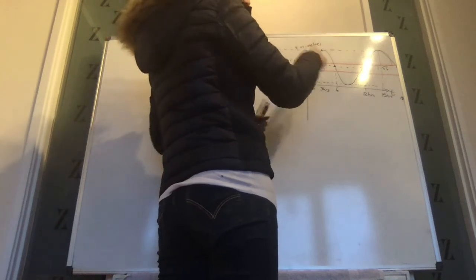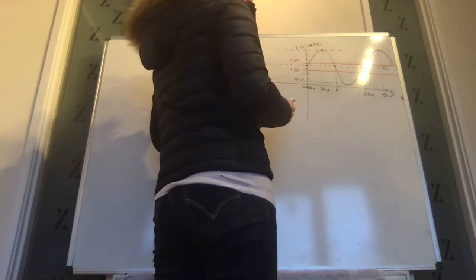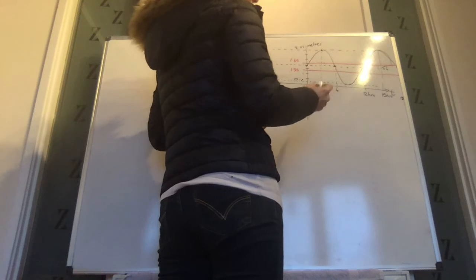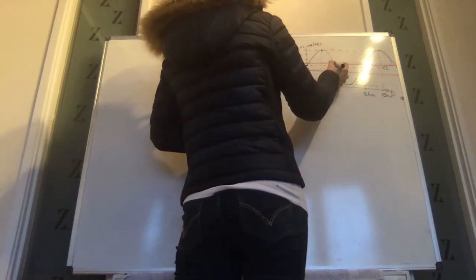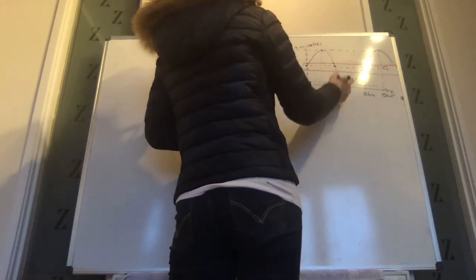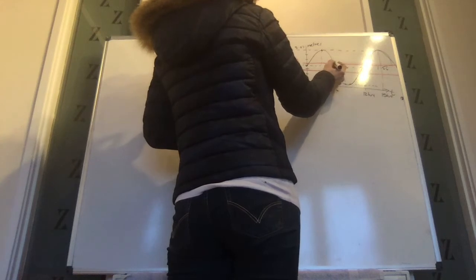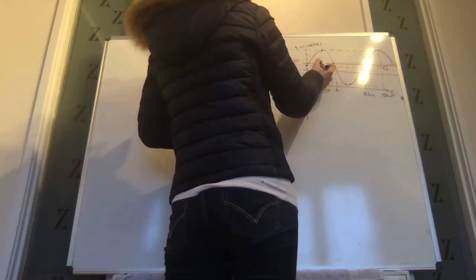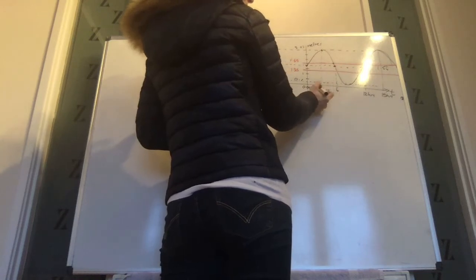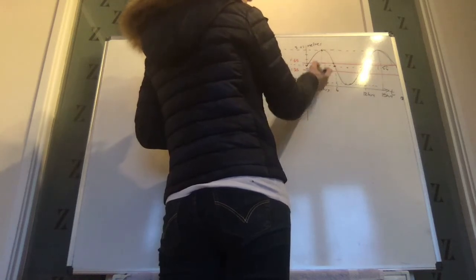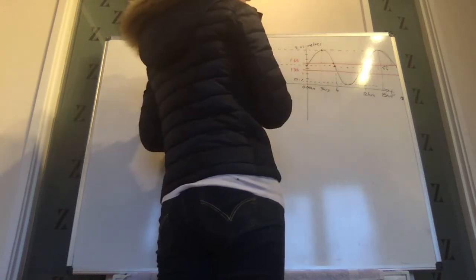So in my opinion, and it's not in the marking scheme, there is nothing stopping it leaving at this time here, because 4.5 hours earlier, it will definitely be above 1.35.